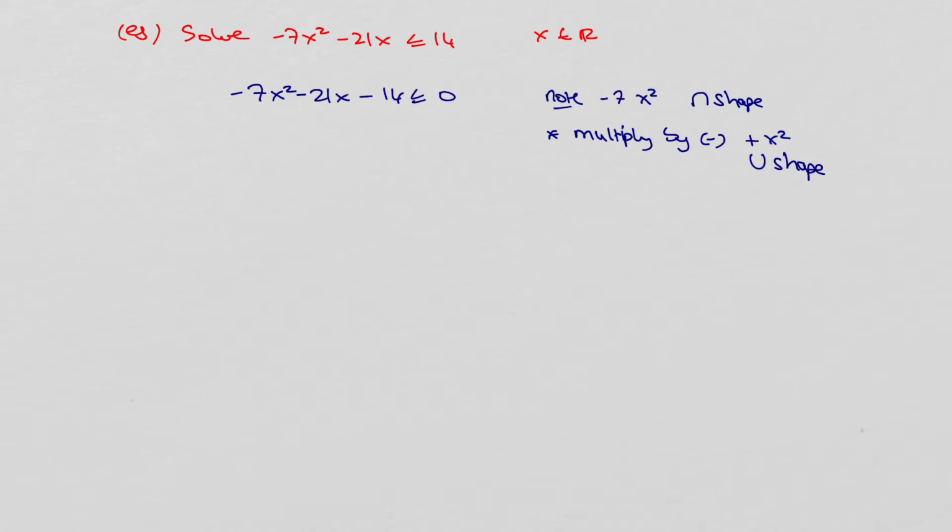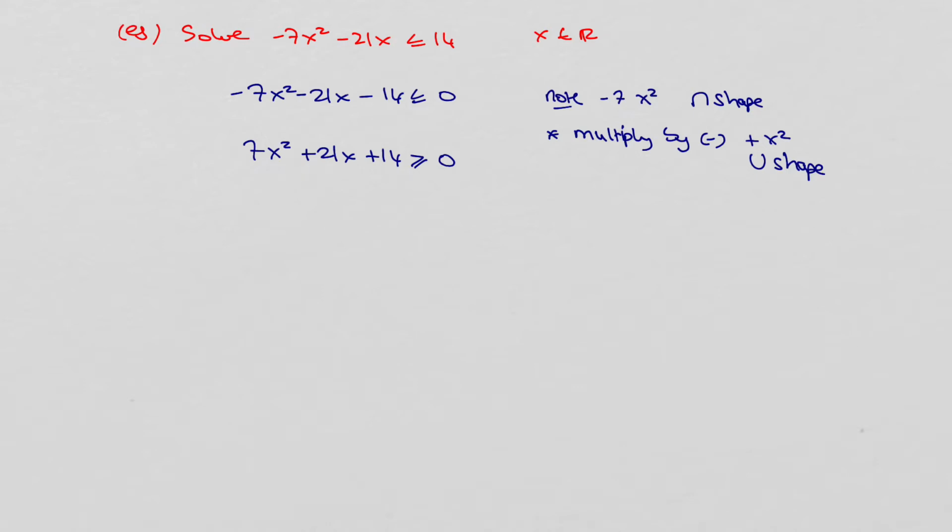And then we'll base all our answers on this quadratic. So that would become 7x squared plus 21x plus 14. And of course, because I'm multiplying by a negative number, my inequality sign has to reverse. And 0 times minus 1 is still going to be 0.